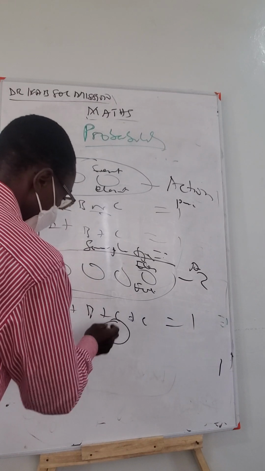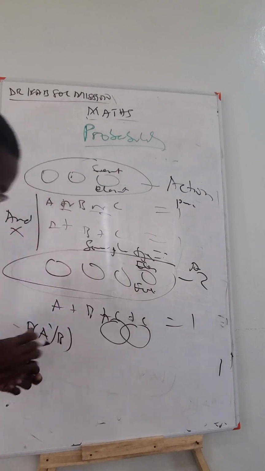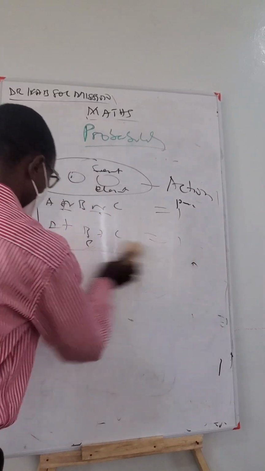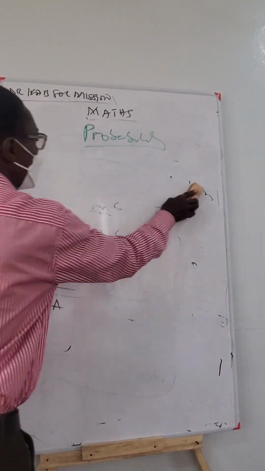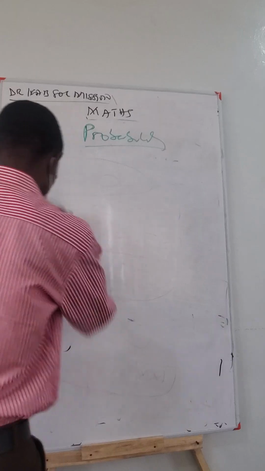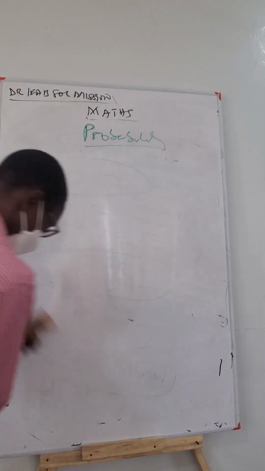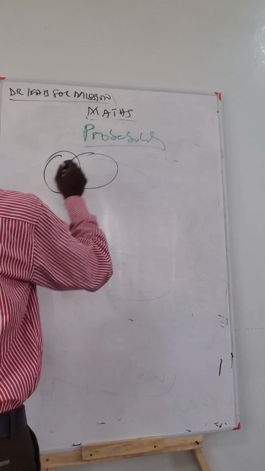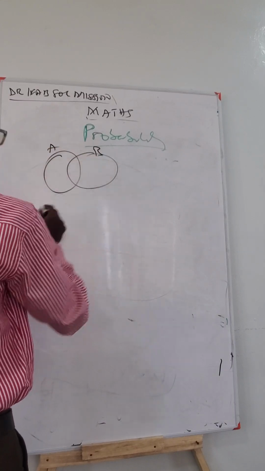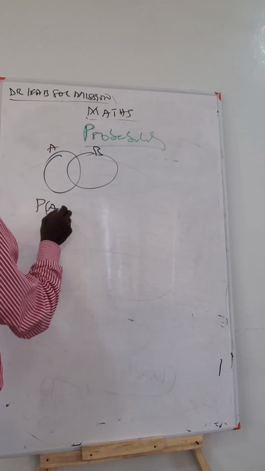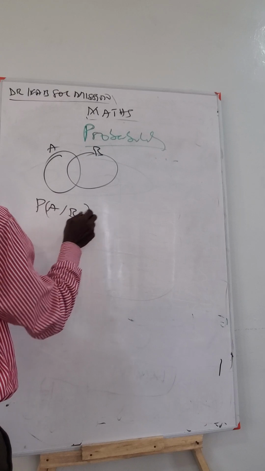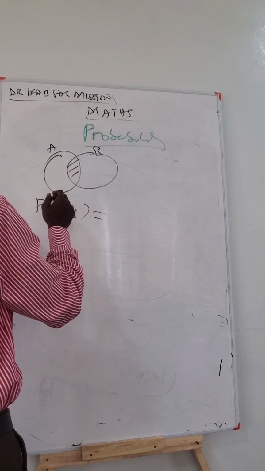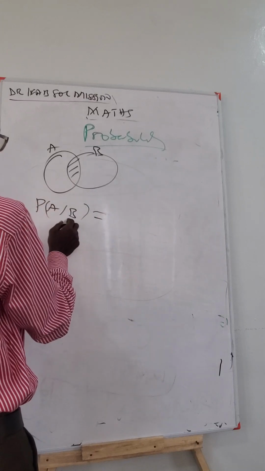So let's say we have this intersection, this is A, and this is B. What is the probability of A given that B has occurred? So what happens here is that they are saying B has occurred.